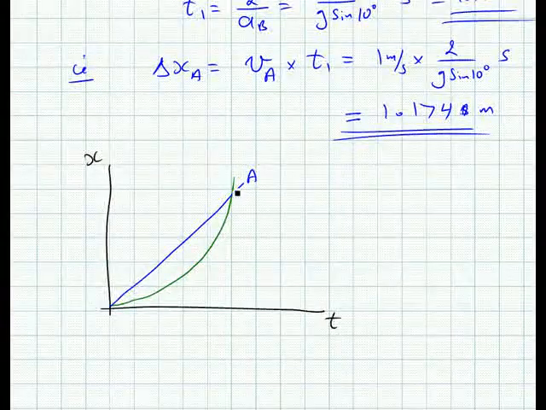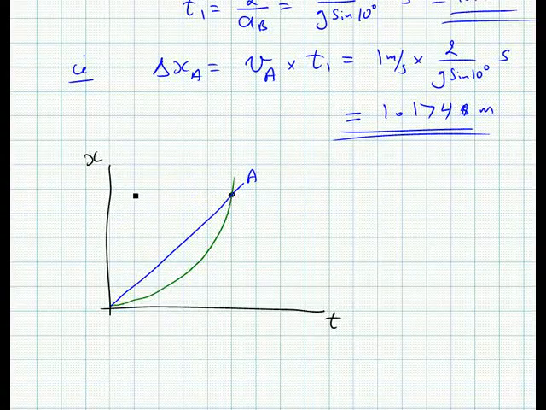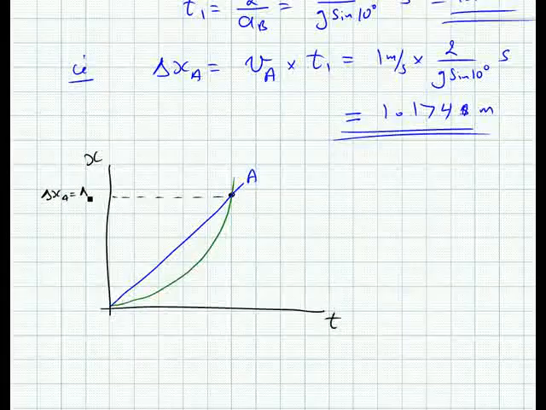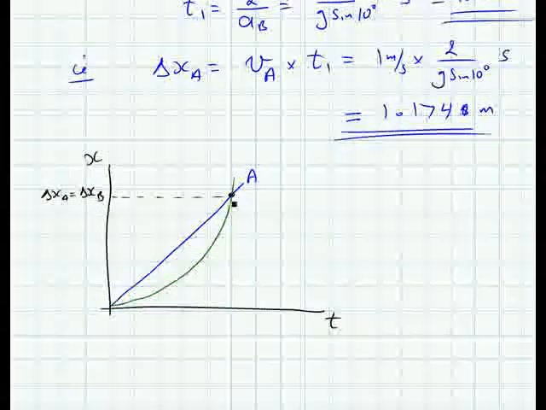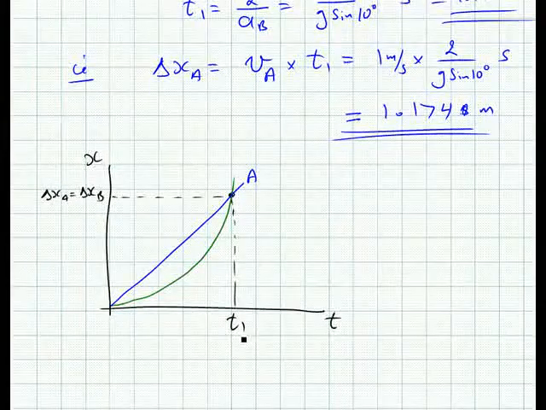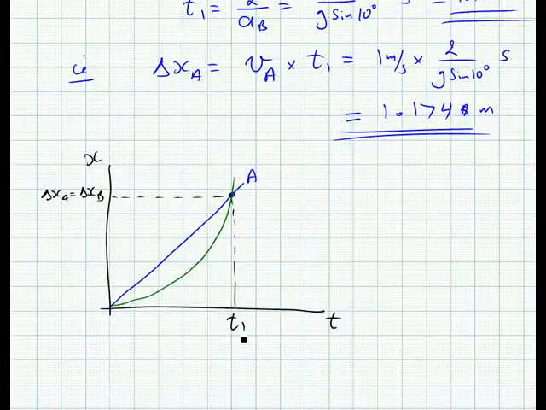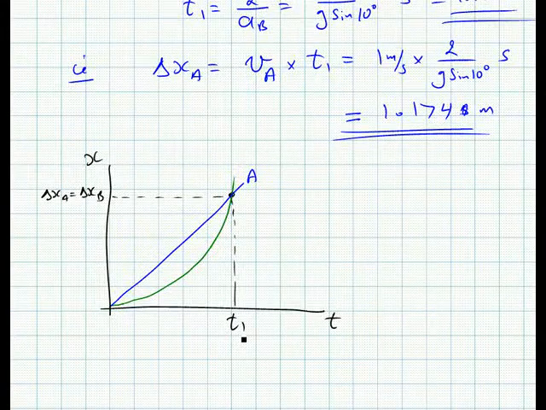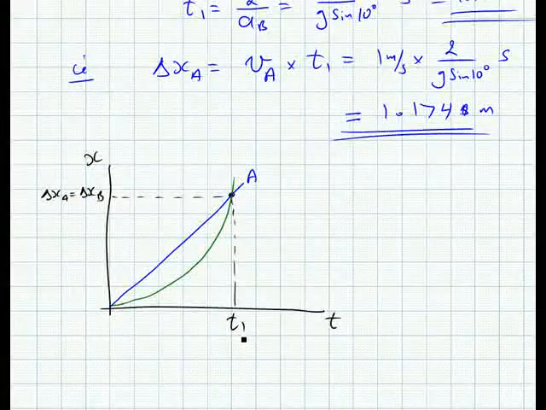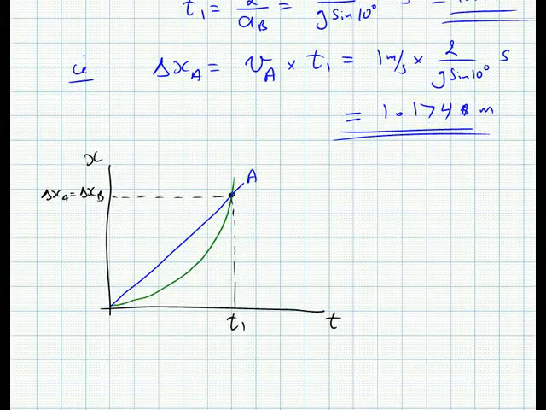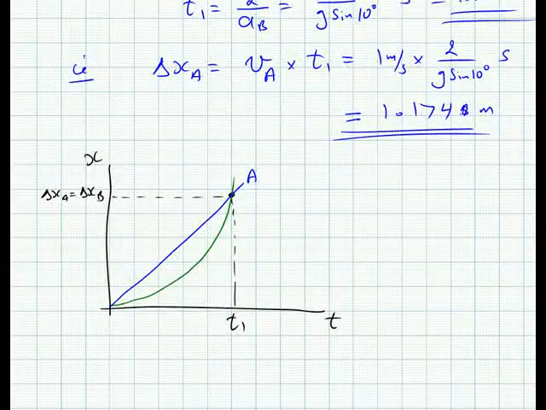The point where it catches up is when the two displacements are equal, of course. So at this point delta XA is equal to delta XB, as the graph implies too. So this is the time t1 that I was referring to earlier, when the two displacements are equal.